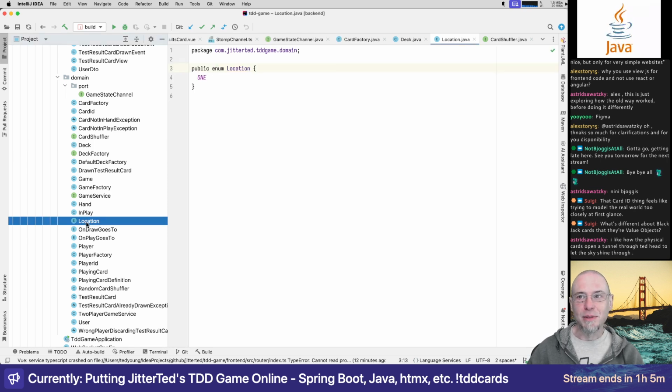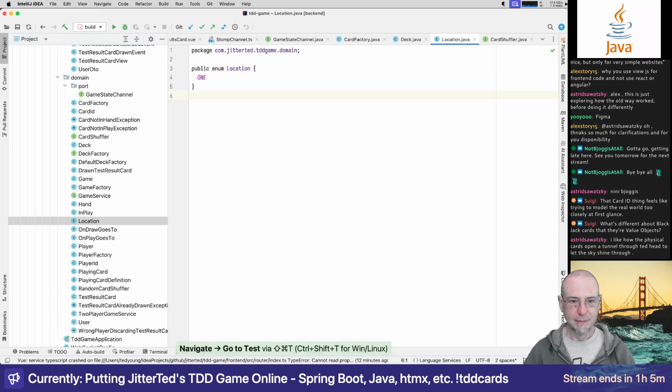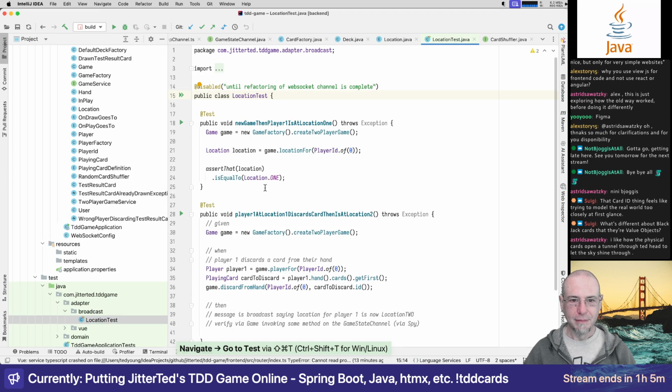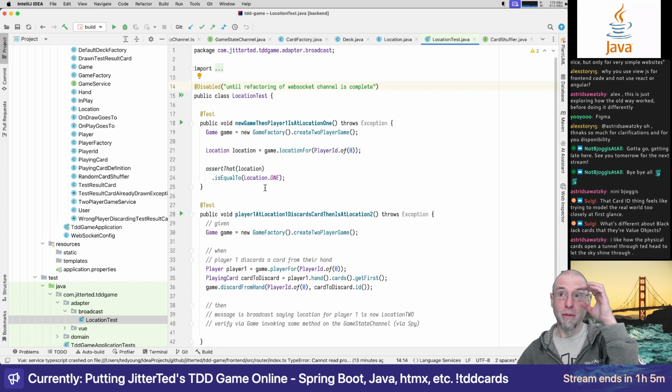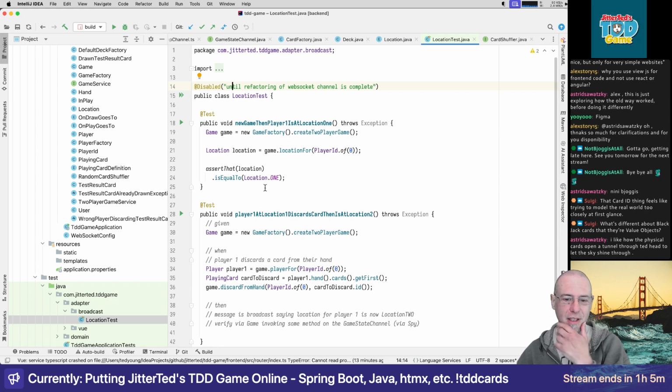Clearly, this location thing was something I was working on. I remember seeing a disabled test for that. Yeah, so clearly there was some refactoring I was doing that was not refactoring because I broke stuff.